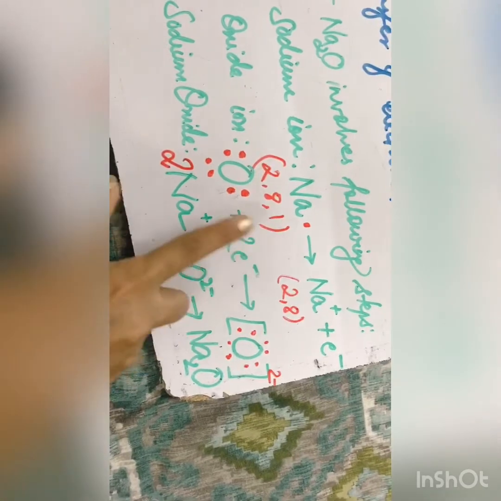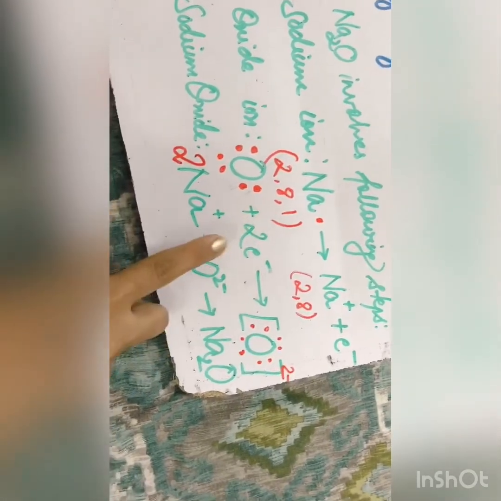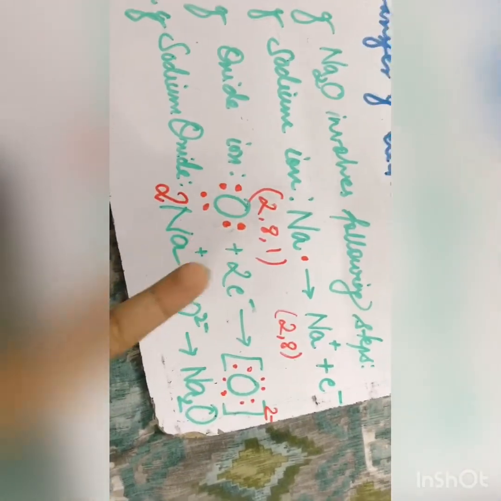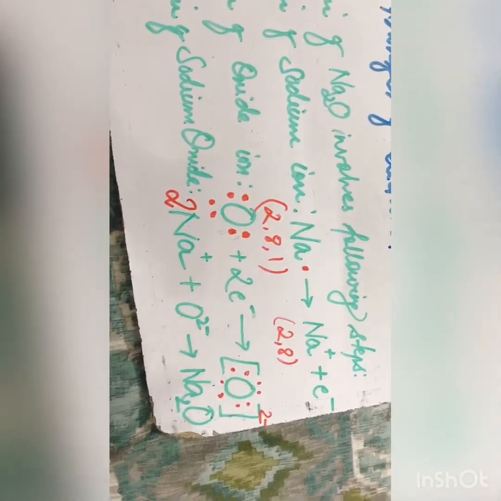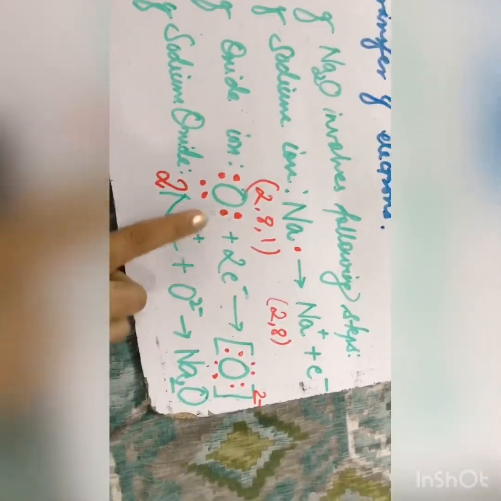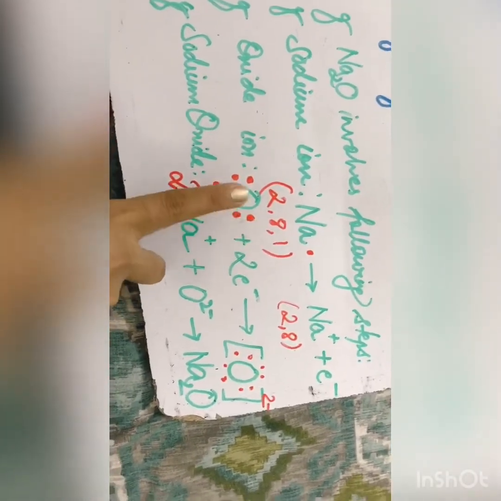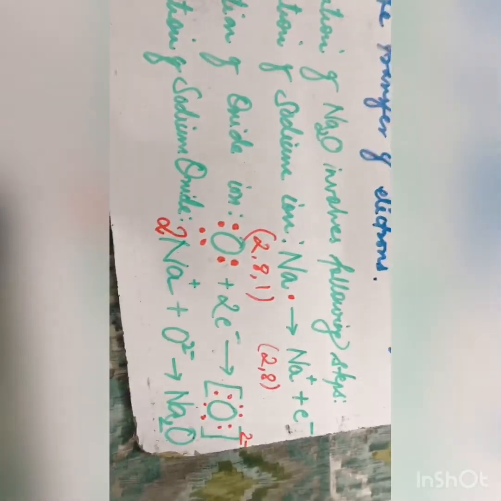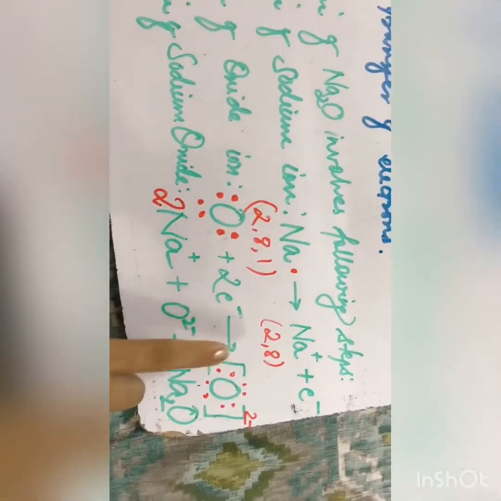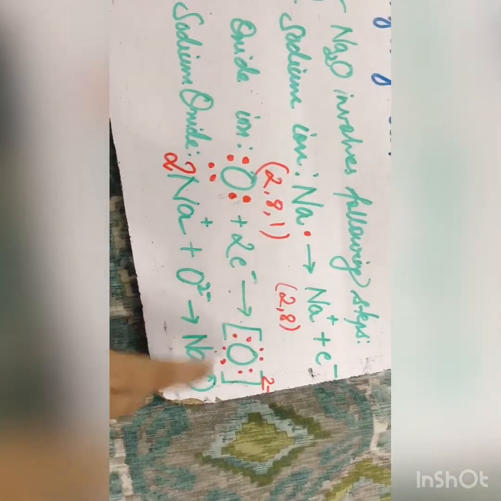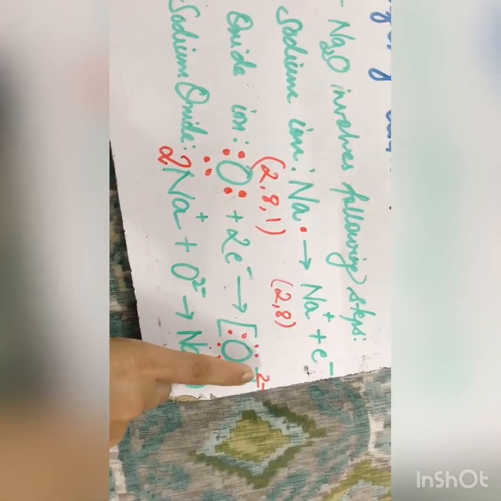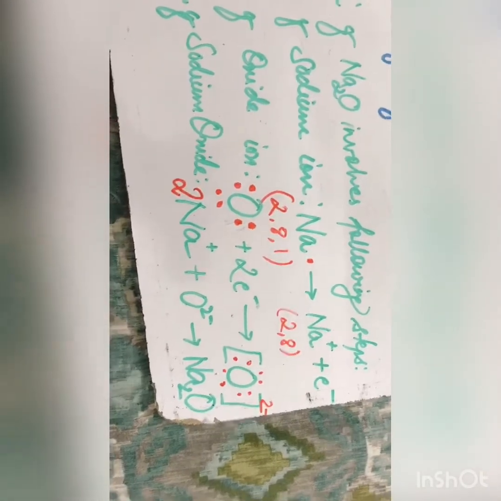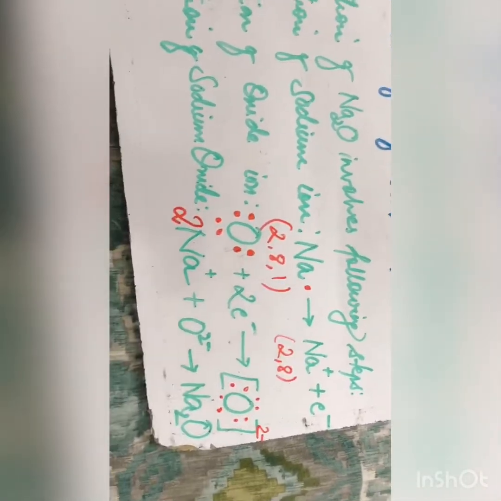These 2 electrons it has gained from sodium, because sodium, as in Na2O, I will show you how it is formed. For now just understand that oxygen has gained 2 electrons from some other element and has achieved this electronic configuration, and it has a 2 minus charge on it as it has accepted 2 electrons and hence has more electrons.